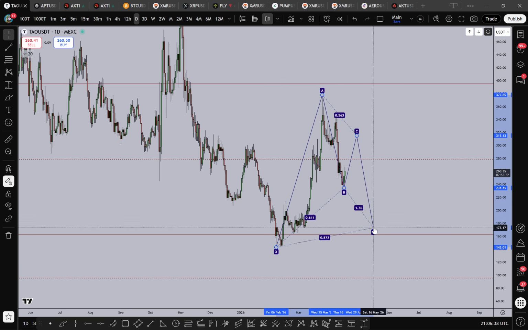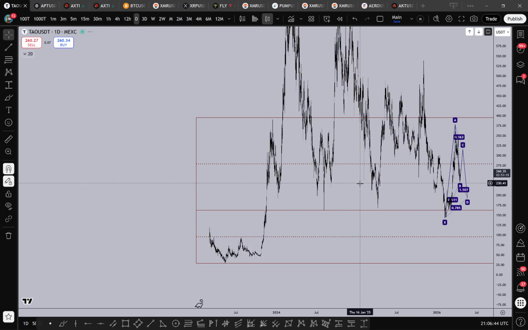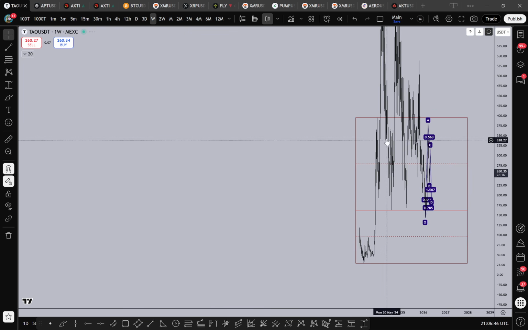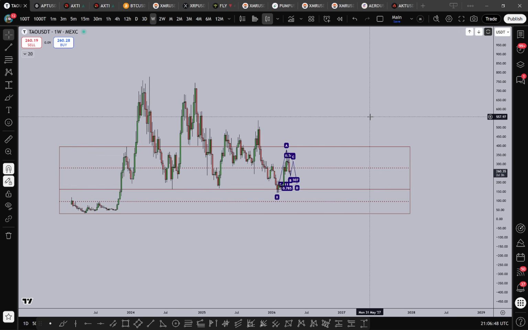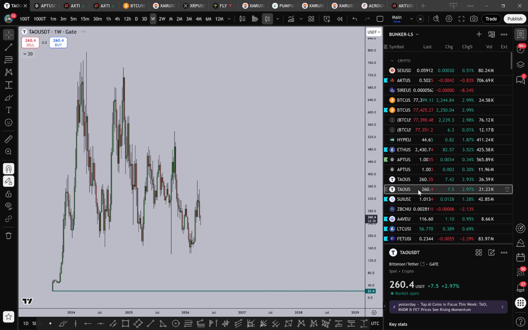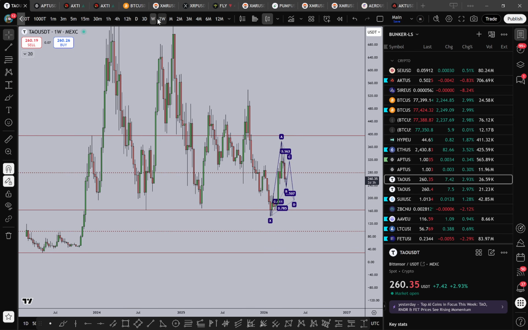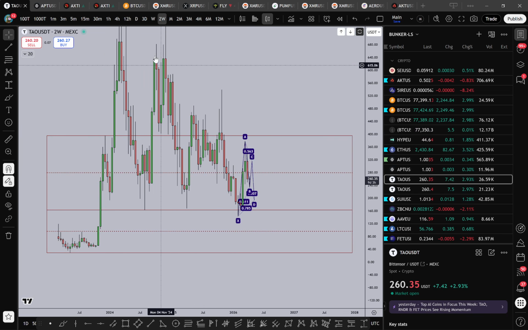And then you came back for a 786, 886. Let's say a 786. These lows is where I would want a really, really nice long on Tau.